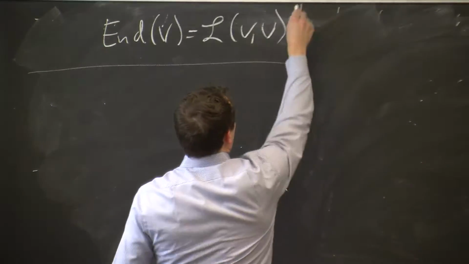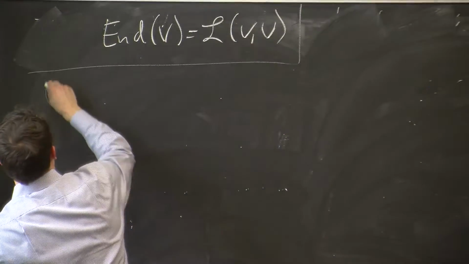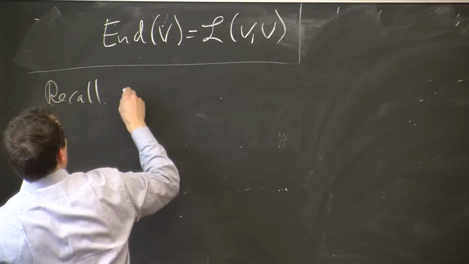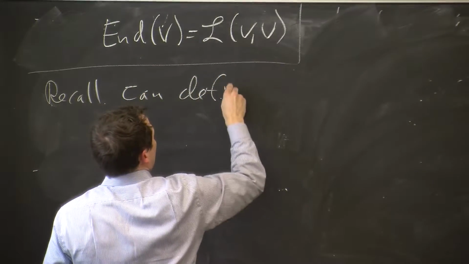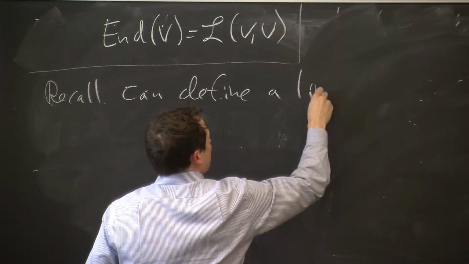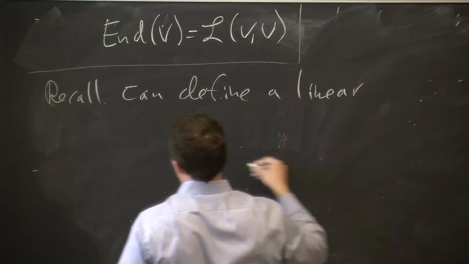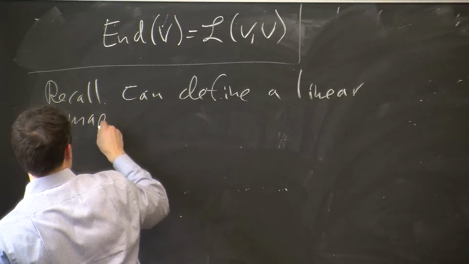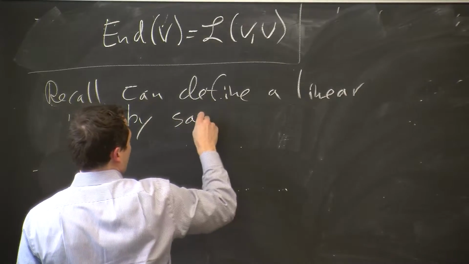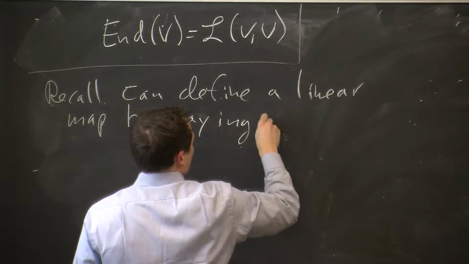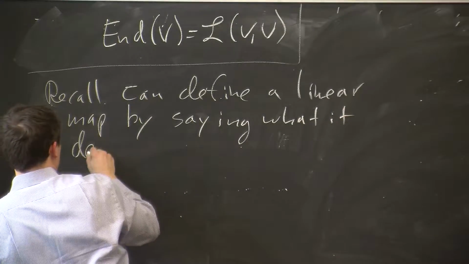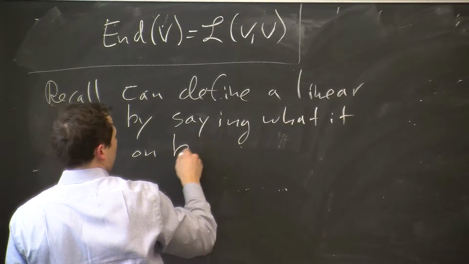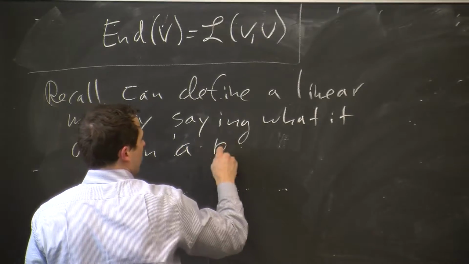Another thing to recall: we can define a linear map, a linear transformation, by saying what it does on a basis.